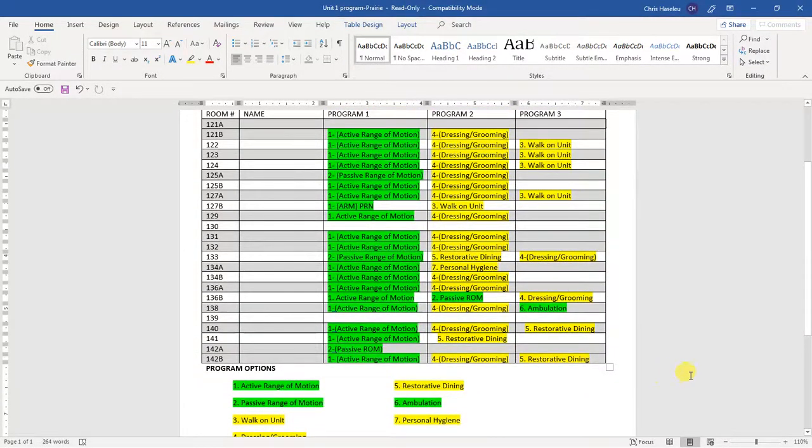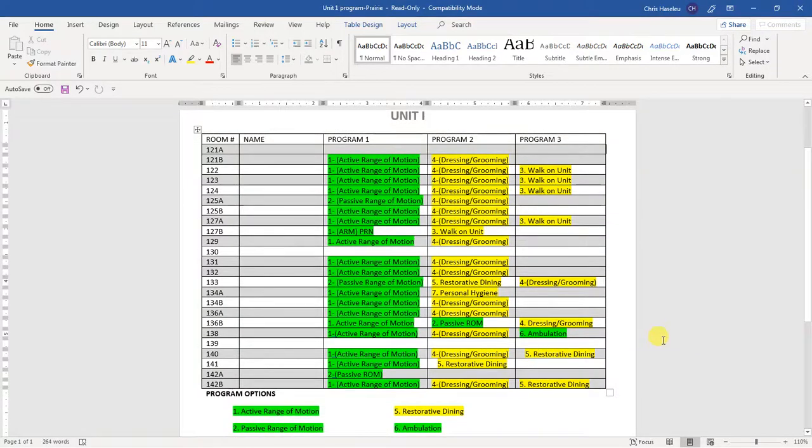So if we look at this example here, we have a few areas that will be needing restorative programs by you as a floor CNA. Anything that has to deal with dressing and grooming, which we'll talk about some examples of those. And this would be a resident that would need walking and help on the unit.